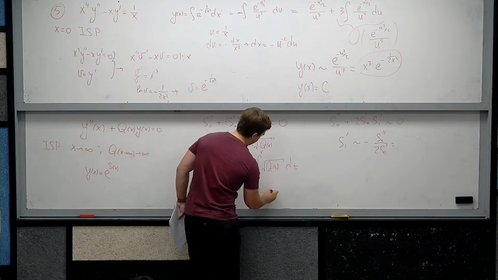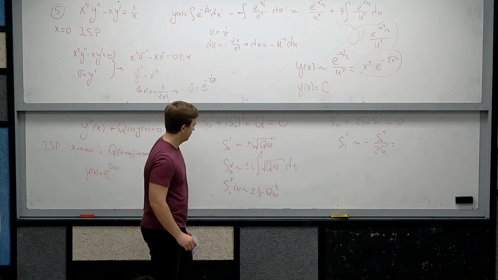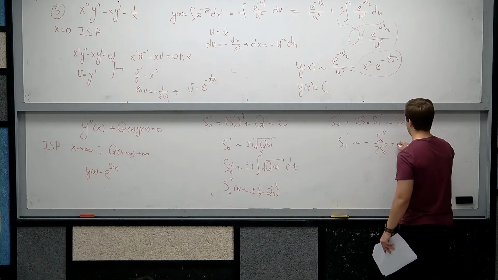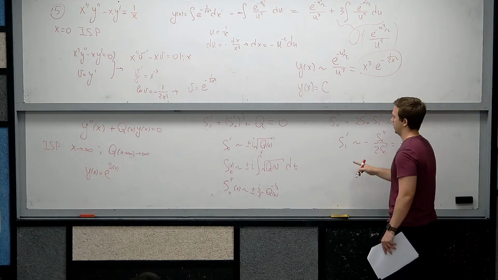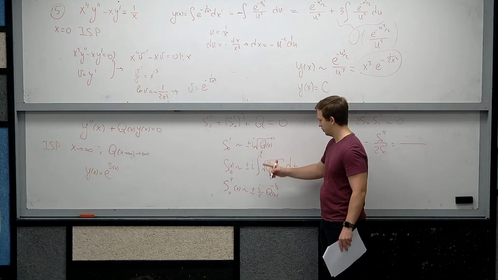Here is q of x. It's minus 1. So then we have plus minus here, plus here, and plus minus here.